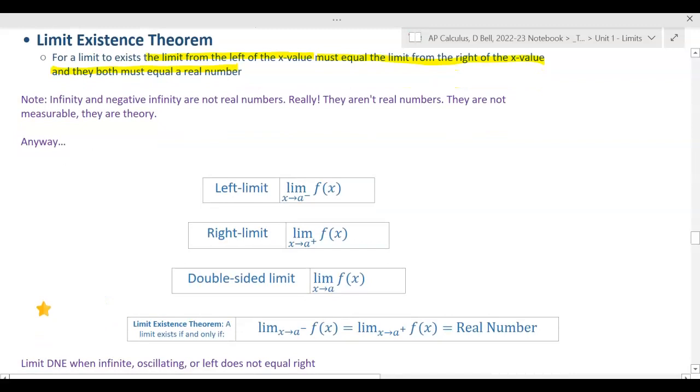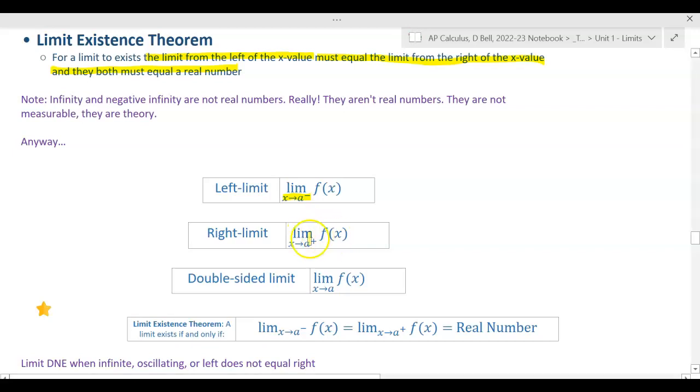So the limit from the left is denoted as the limit of f of x as x approaches a with a little minus sign after the a, not before it. The plus and minus after the number tell us whether we should approach the value from the left or the right.